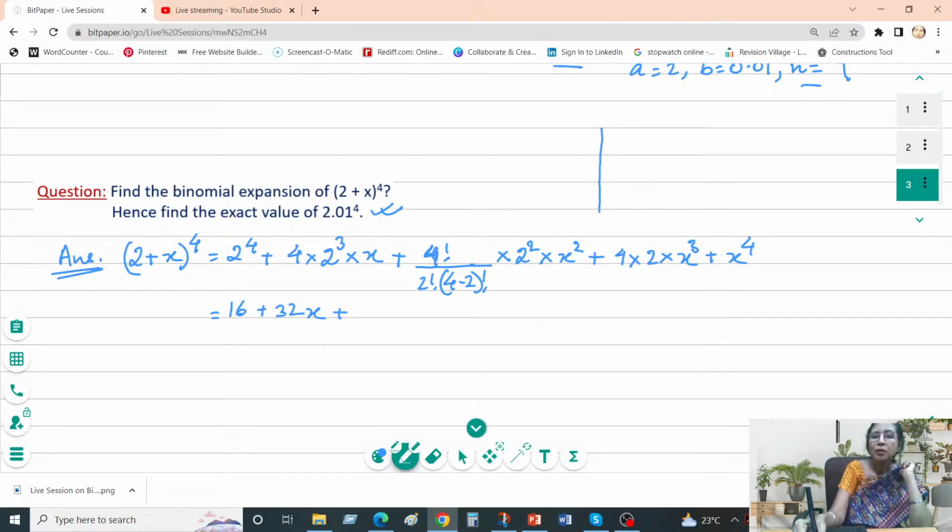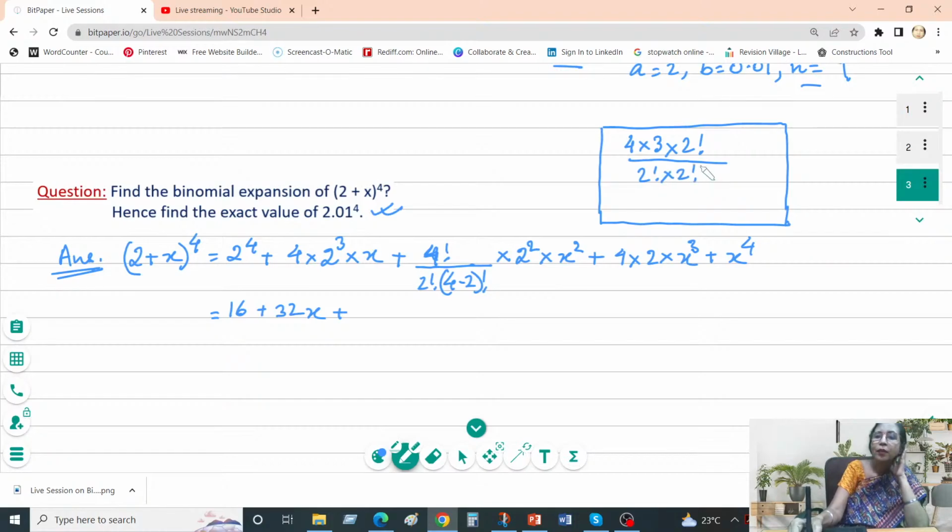I'm just boxing this part, making a rectangular box, and I'm doing the calculation over here. 4 factorial can be written as 4 times 3 times 2 factorial, over 2 factorial times 2 factorial. These two can get cancelled, and 2 factorial is 2 times 1, which is 2. So this is equal to 2, and 2 times 3 is equal to 6.